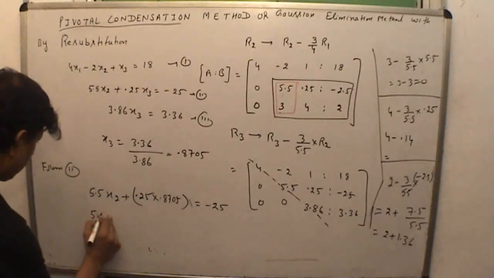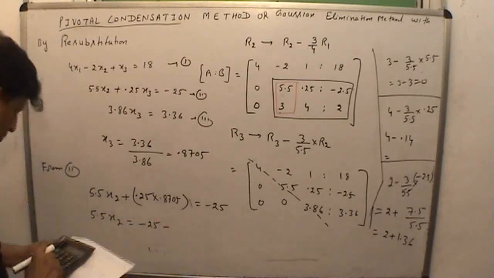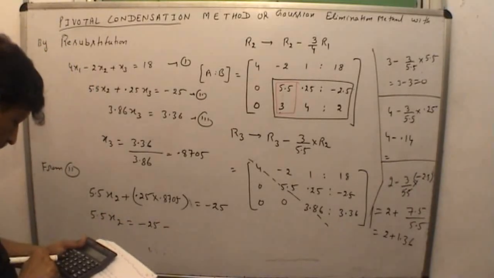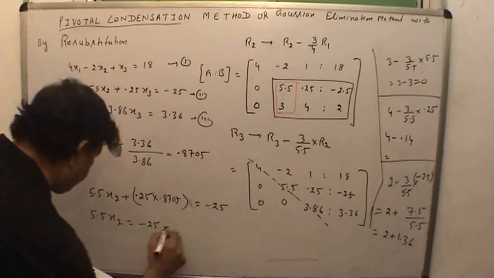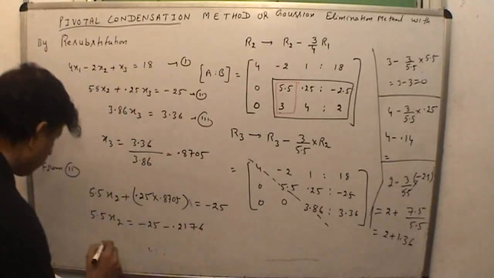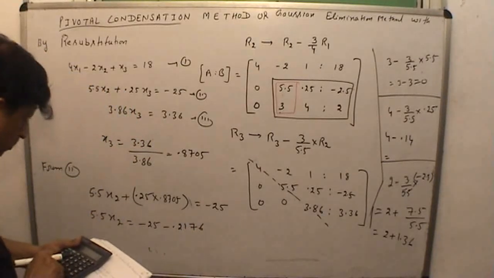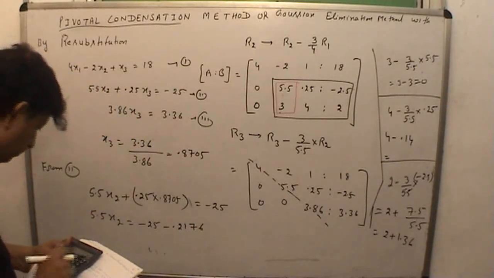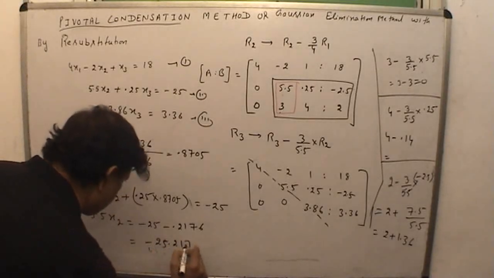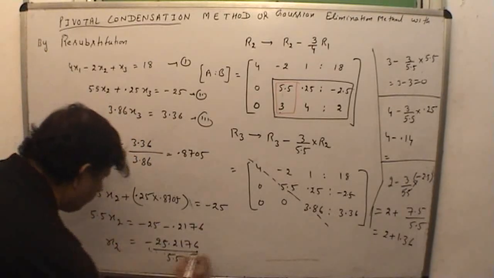That is, 5.5 x2 is equal to minus 25 minus 0.2176, that is equal to minus 25.2176 divided by 5.5, that is equal to x2.